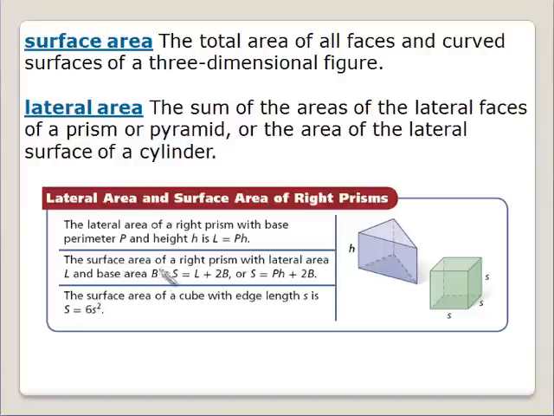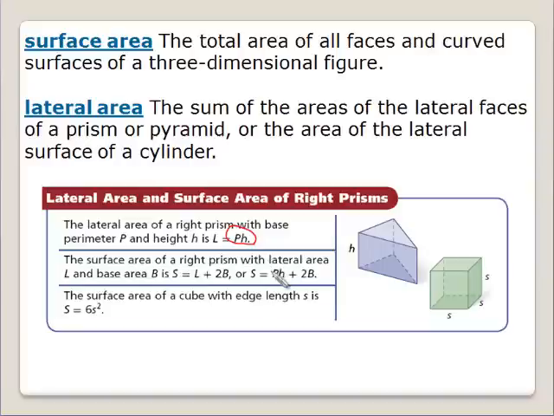For the surface area of a right prism with lateral area L, so capital L stands for lateral area, and base area, uppercase B, so uppercase B stands for base area, is equal to this equation right here, and I'm actually going to use this equation. Notice capital L is right here.